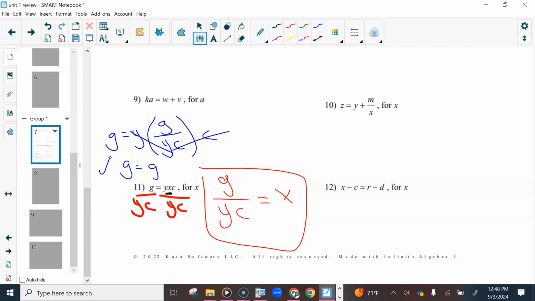Number 7 on the same page? No. On the first page, okay. I'm going to rewrite 7 on a new page in my Smart Notebook just because it's long and I need more space.